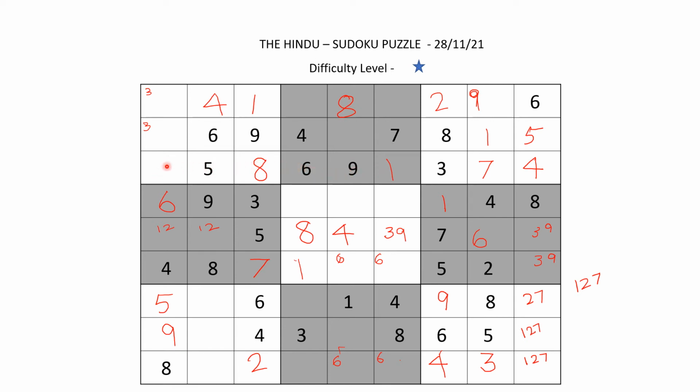So 2 is done. Now this 2 impacts this cell. Now this obviously takes 1. So let's erase, and now let's take 1 here. That means this cell takes a 2. This cell becomes a 2.